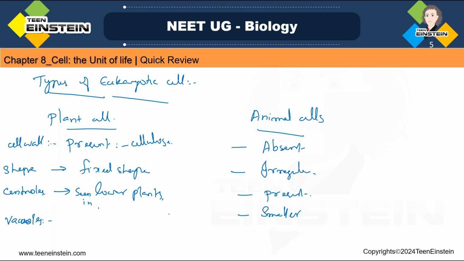But in plant cell, you can see a larger central vacuole, which occupies around 90% of cell volume. So these are the differences you can mention between plant cell and animal cell.